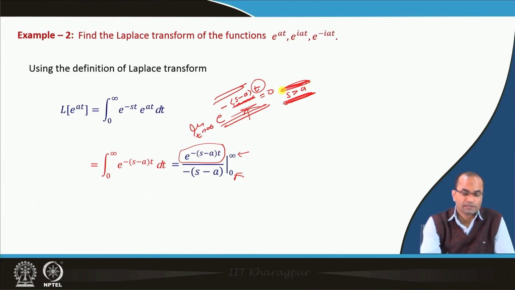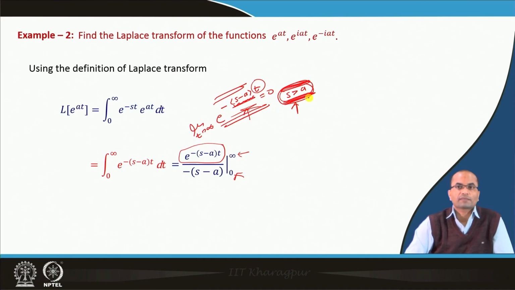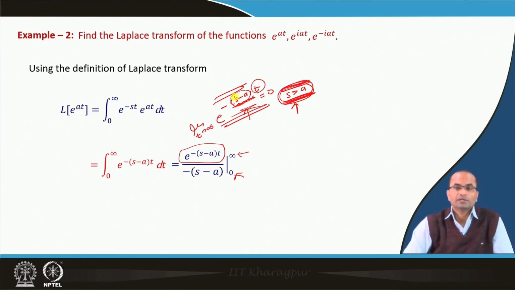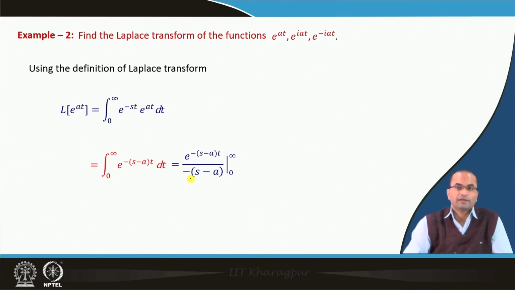The other situation, which can be handled similarly to the previous one, is the extension to what will happen when s is a complex number. In that case, the condition is that if the real part of s is greater than a, then again this will be satisfied, and when t approaches infinity, the value will be 0 again.